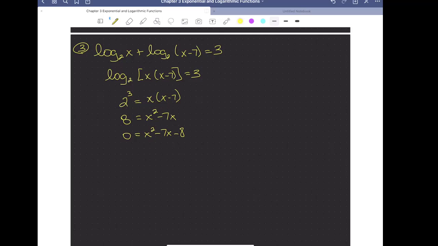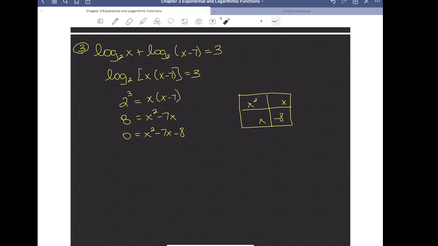When it comes to the quadratic, you can solve it whichever method you are comfortable with. You can go straight into figuring out those factors, or some of you might like to use the area model. What do we have? We have x squared and our negative 8, and we're trying to figure out how to separate that negative 7x into 2 terms to fill in our box.